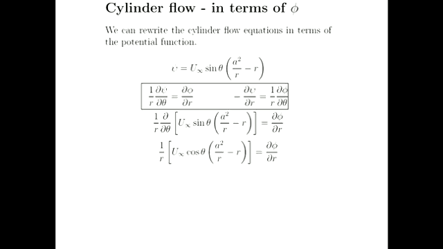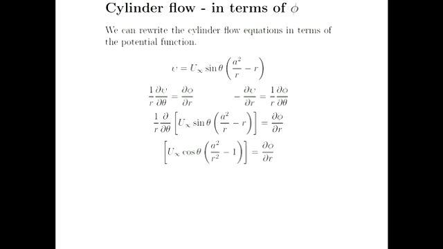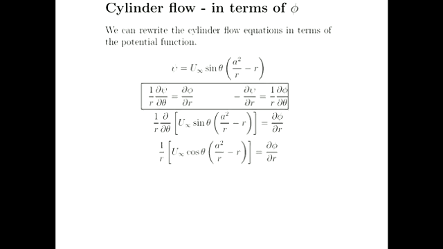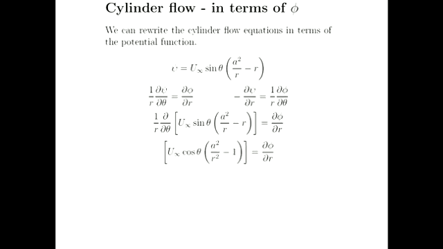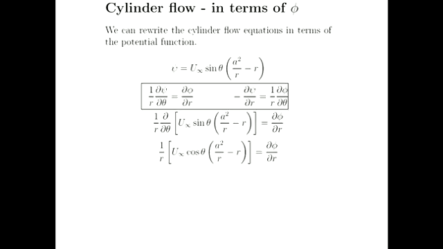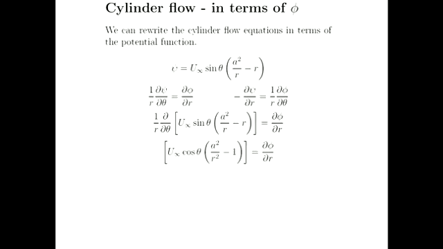Does that make sense? I've got d phi dr equals something, so phi is going to equal that something integrated with respect to r. What am I doing there? I'm absorbing that 1 on r into those square brackets, so nothing that need worry us.